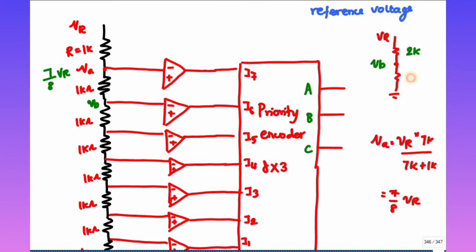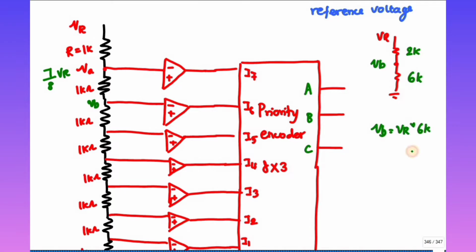So VB is equal to VR into 6k divided by 8k, which is 6 divided by 8 into VR.